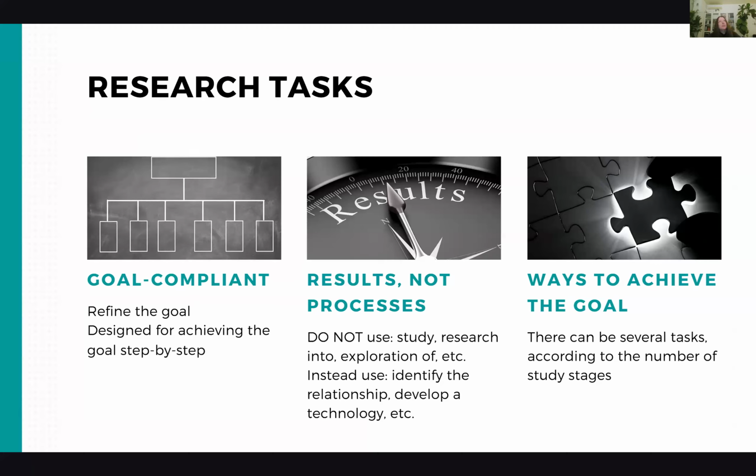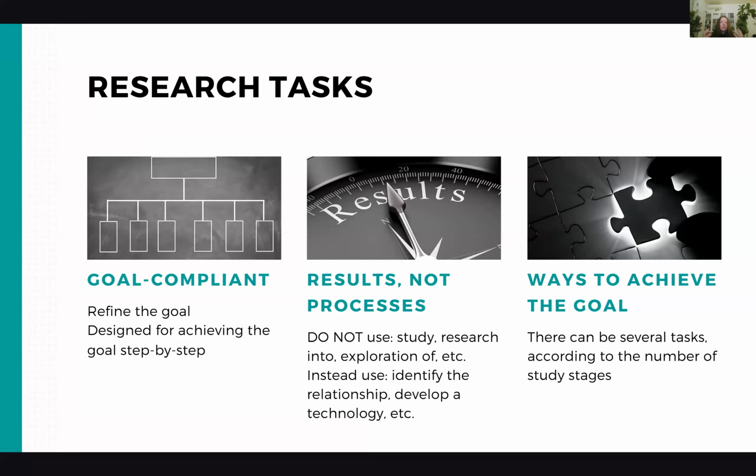Or research into the composition of high entropy alloys. Once again, it doesn't show what you actually want to achieve by completing this task. Instead, you should focus on the goals, the results. So, identify a relationship between, for example, alloy composition and mechanical properties.